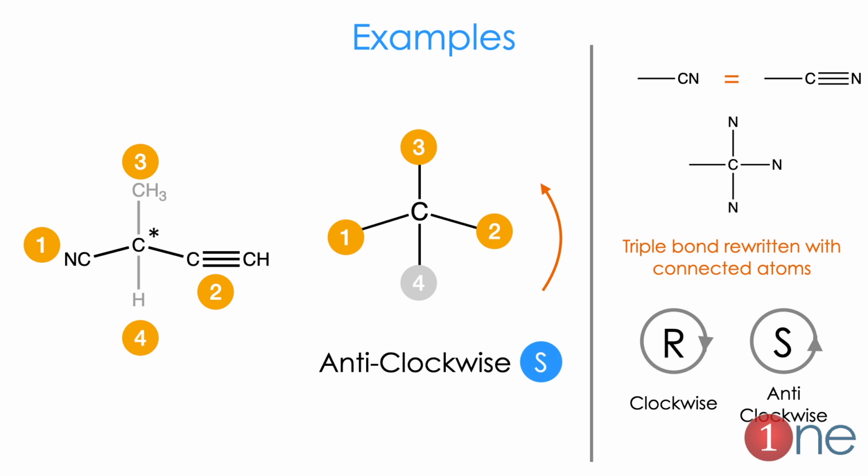We know carbon has a lower atomic number than nitrogen, so nitrogen will get preference. So cyanide will get first preference, triple bond will get second preference, methyl will get third preference. And obviously hydrogen is the fourth one. If you check the configuration, 1, 2, 3 is in the anti-clockwise direction, which is S. So CN gets higher preference than the triple bond. Don't forget it.